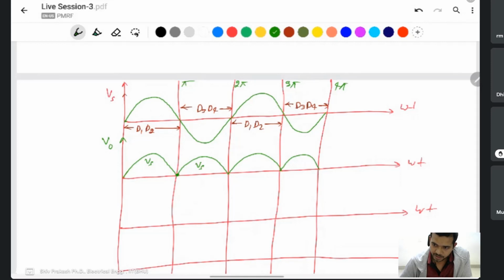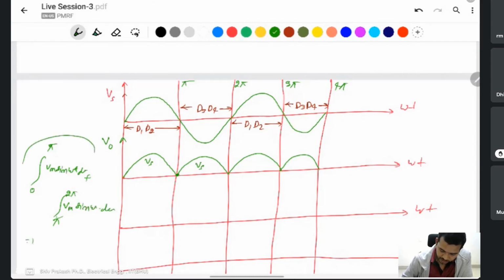Once you calculate the average voltage, what do you find? If you take the average voltage from 0 to 2 pi, then 0 to pi, Vm sin omega t d omega t, plus this one also Vs, then pi to 2 pi, Vm sin omega t.